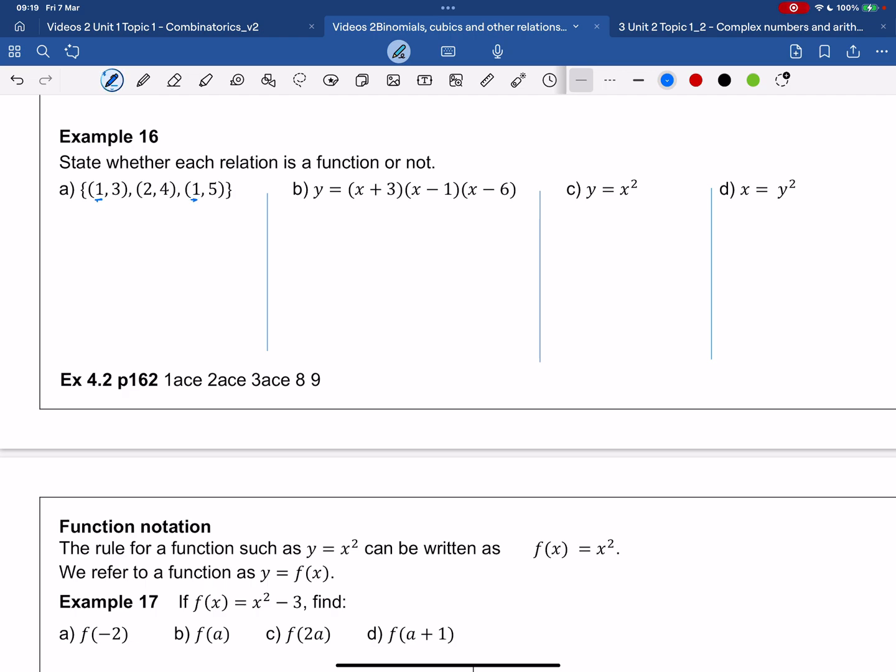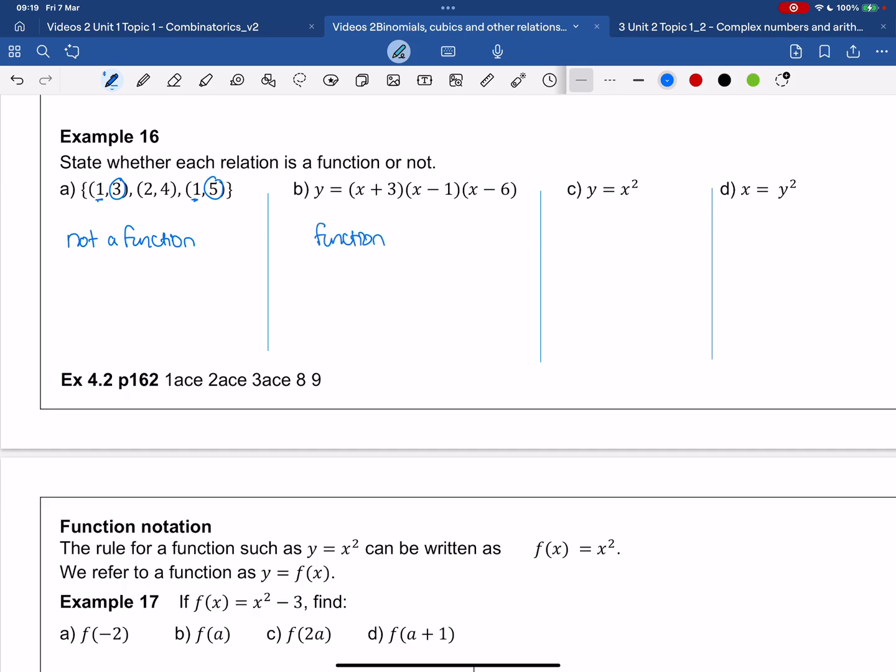For x equals 1, I have got 2 different y values, so that means it is not a function. If I look at this one, y equals (x plus 3)(x minus 1)(x minus 6), well, we all know that that's a cubic, and we know that a cubic is a function. With our vertical line test, it would only cut it once, so there is only one y value for each x value, and that is a function.